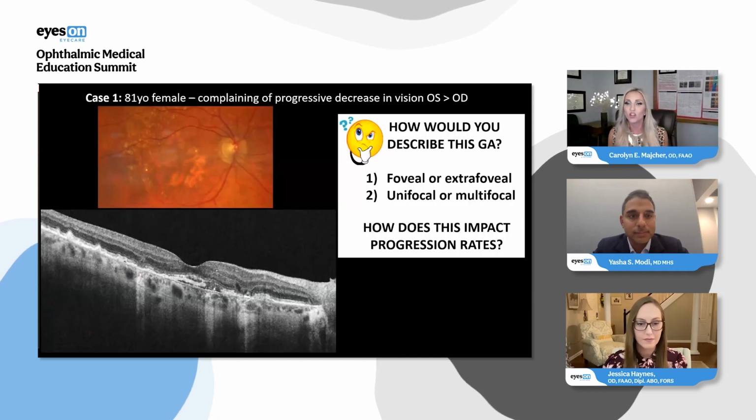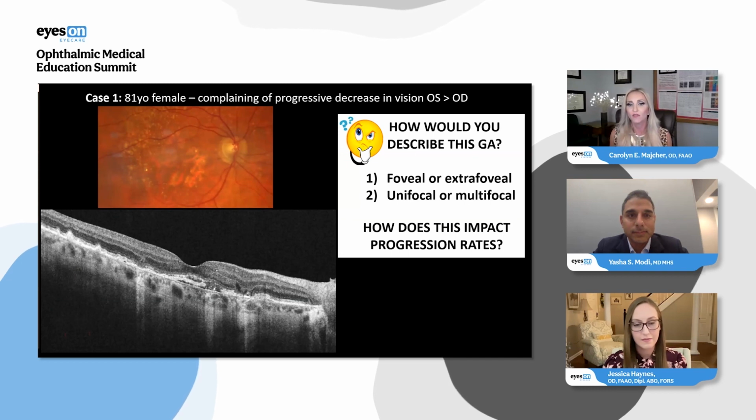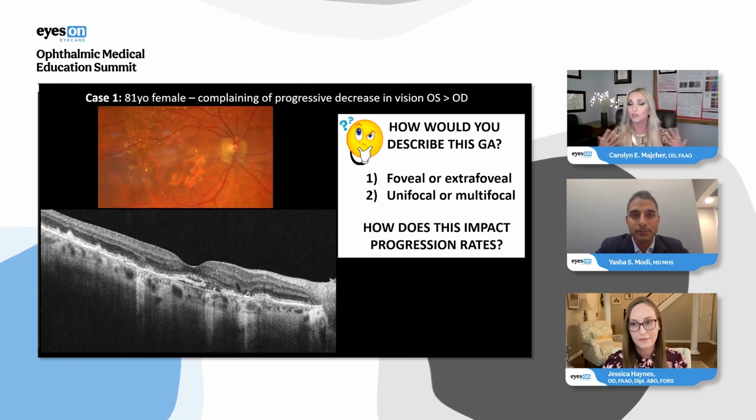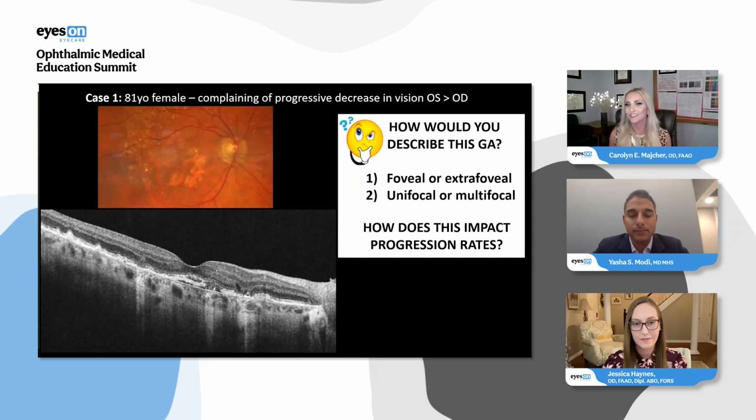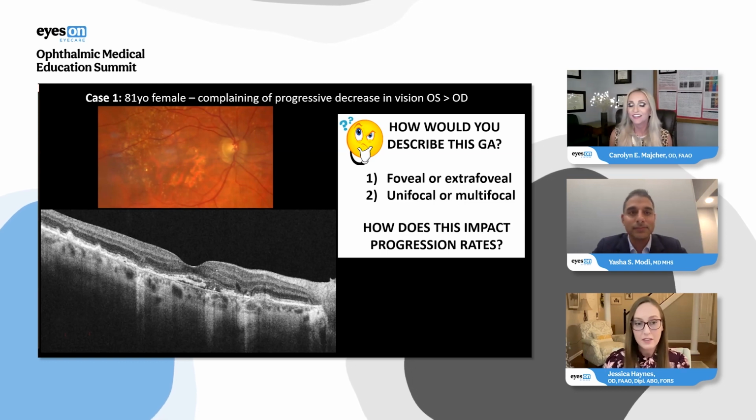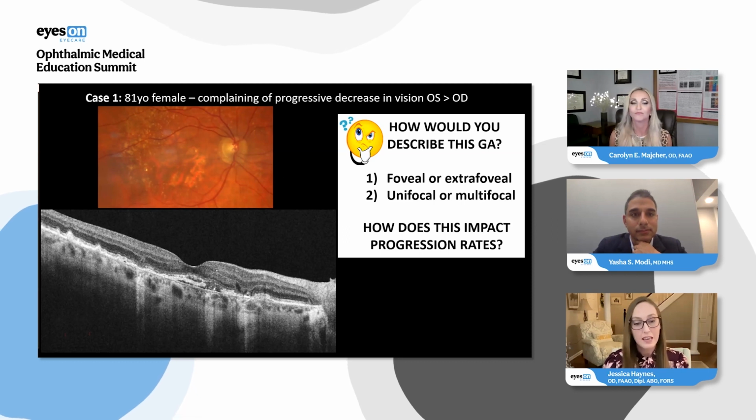Let's now move on and talk about the less affected right eye. I first want to ask you about the geographic atrophy, how you're going to describe it, and why that is important. How does that come into play in your clinical thinking? Would you describe this as foveal or extrafoveal? How about you, Jessica? For this patient, based off the photo and the OCT, it does not appear to be affecting the fovea.